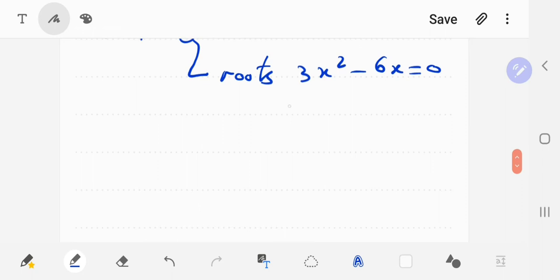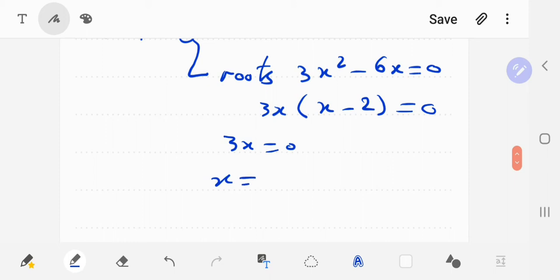If we try to solve it, 3x is a common factor, so 3x times the bracket x minus 2 equals 0. Divide by 3: x equals 0, or x minus 2 equals 0, so x will be equal to 2.